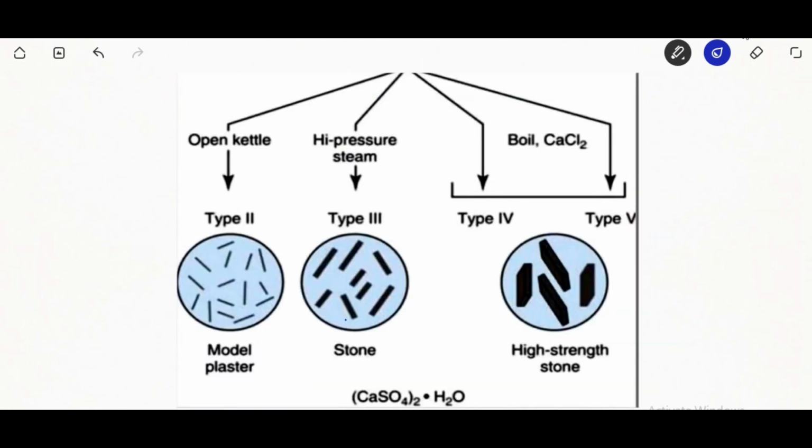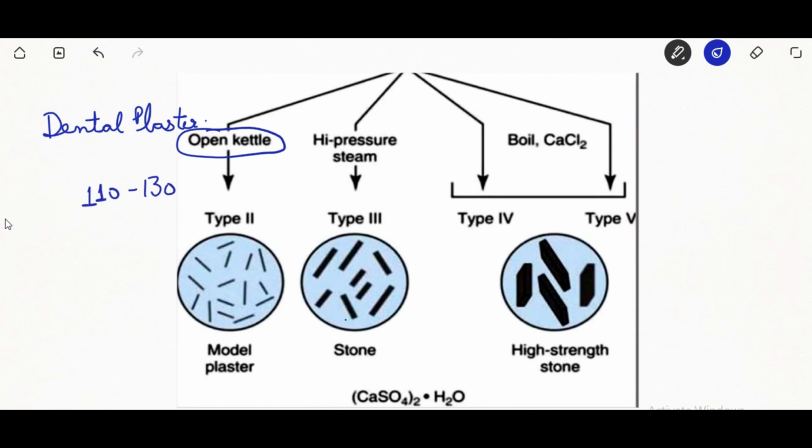So how do you manufacture the dental plaster? The gypsum is ground and heated in an open kettle at a temperature of 110 to 130 degrees Celsius. This process is a dry calcination that involves the formation of beta type crystals.